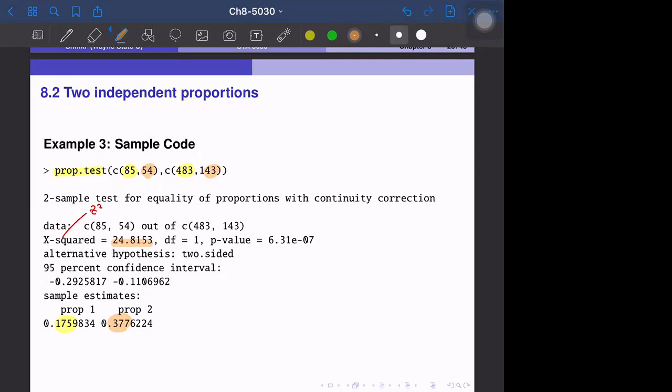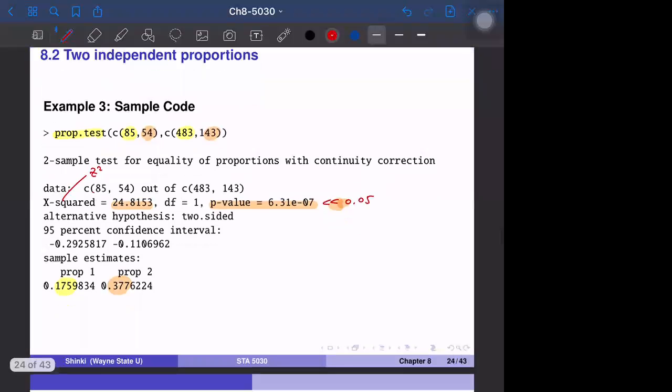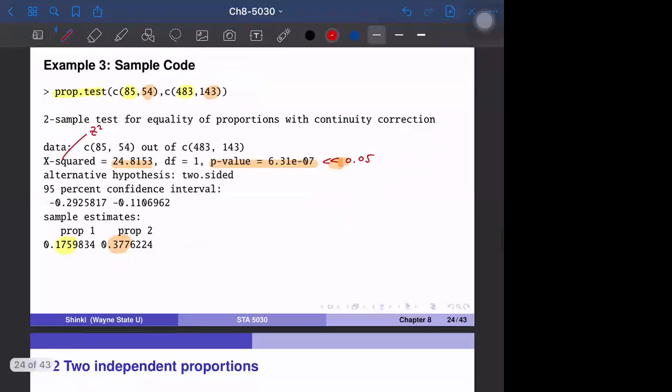If we take the square root, it's still about 5, so it's large. And the p-value is 6.3 times 10 to the power of -7, so it's highly significant. So we can reject the null hypothesis that the two undergraduate institutions have the same proportion of matriculation.